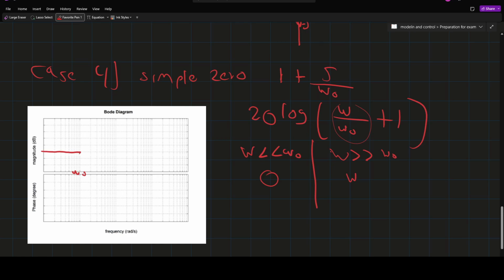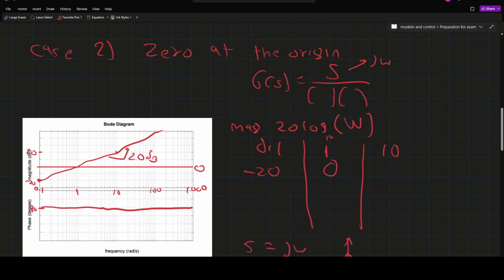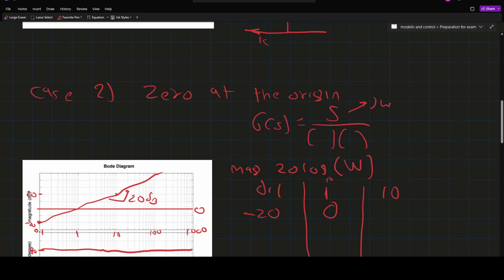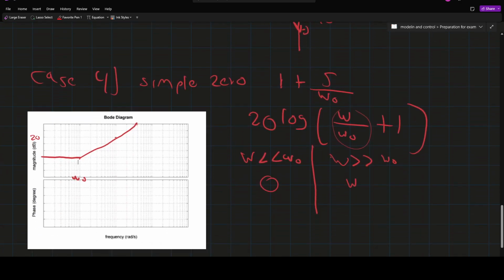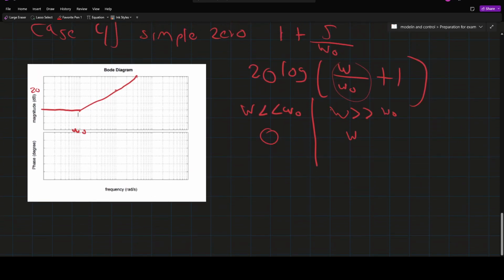And then after we reach omega naught, it is just going to increase with a slope of 20 dB, like it used to before when we had our zero at the origin.